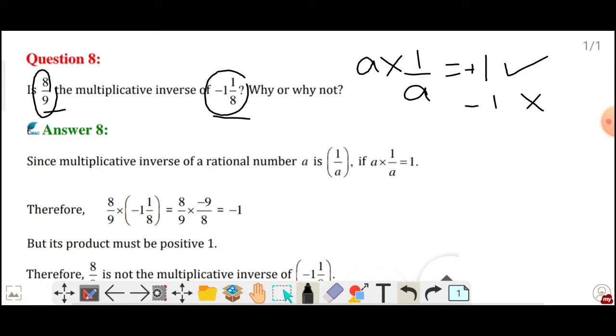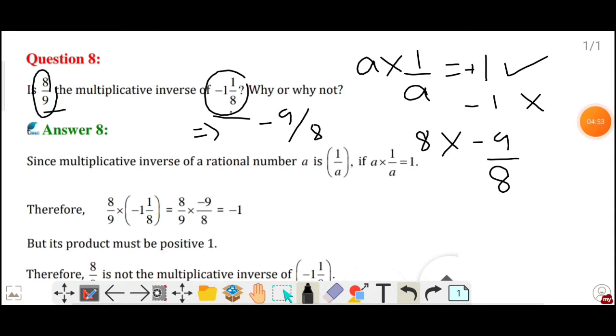Now I will multiply 8 by 9 into minus 1 into 1 by 8. We are just converting it to an improper fraction. 8 ones are 8, 8 plus 1 is 9, so minus 9 upon 8.